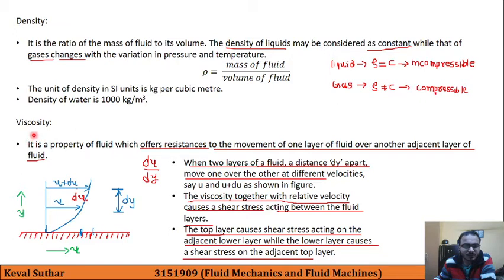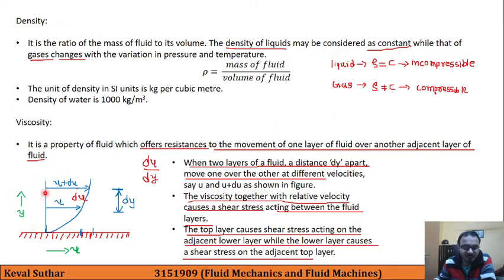Now in case of viscosity, it is related to the resistance that is being offered between one layer of fluid over another layer of fluid. So whenever fluid is moving, there is a resistance between two consecutive layers.